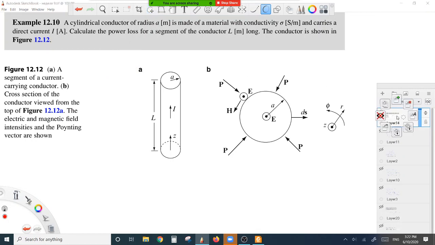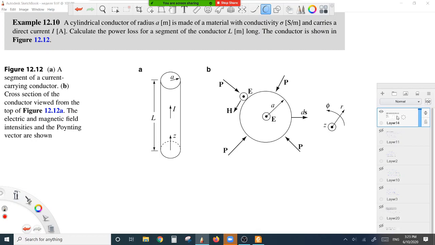The problem is saying a cylindrical conductor of radius a is made of a material with conductivity sigma and carries a direct current I. Calculate the power loss for a segment of the conductor L long.